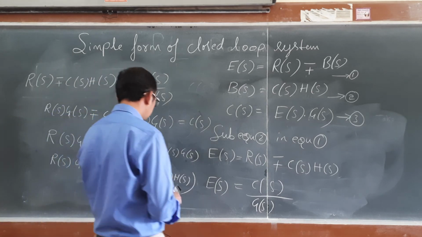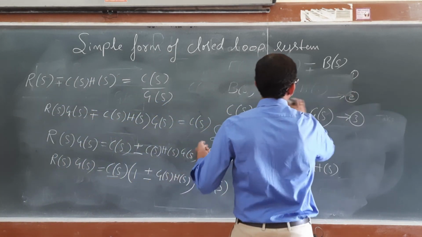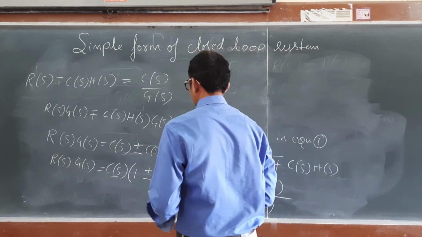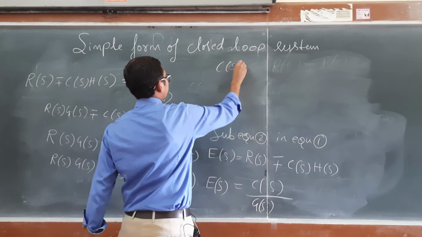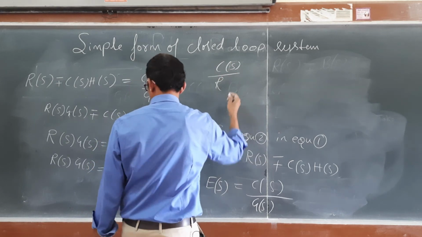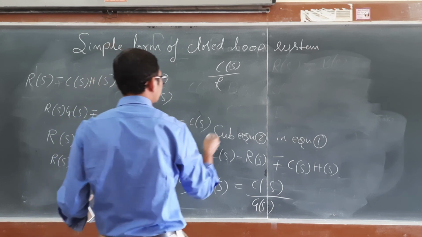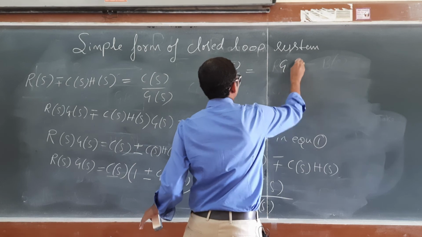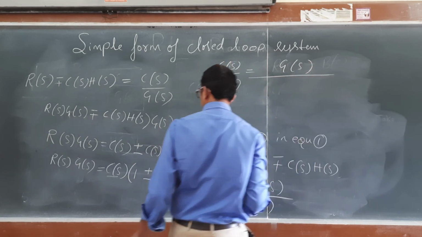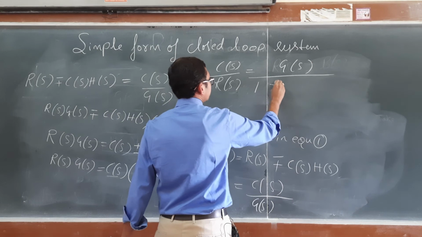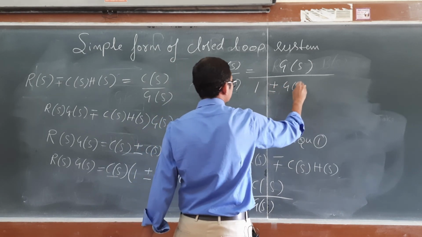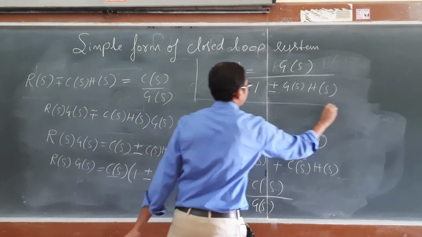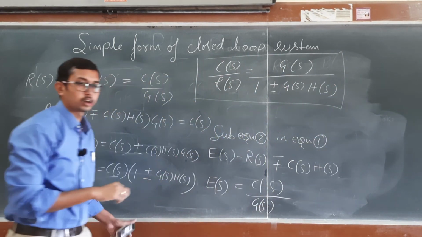So this equation can be written as C of S by R of S. I am going to cross multiply C of S by R of S. So this can be written as G of S divided by 1 plus R minus G of S into H of S. So this is the transfer function for the given block diagram.